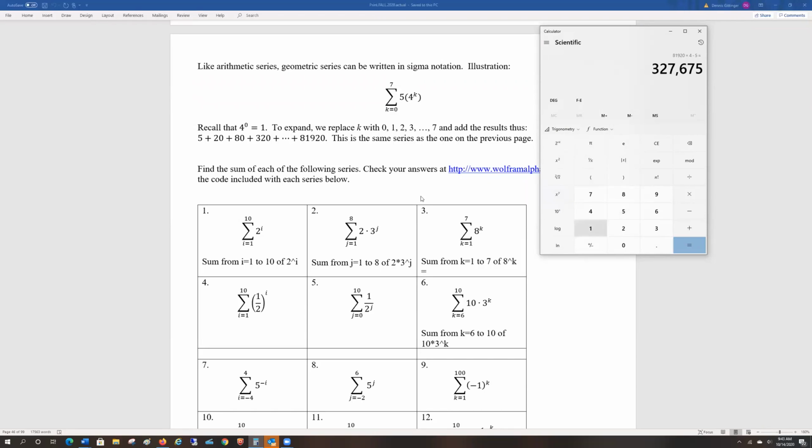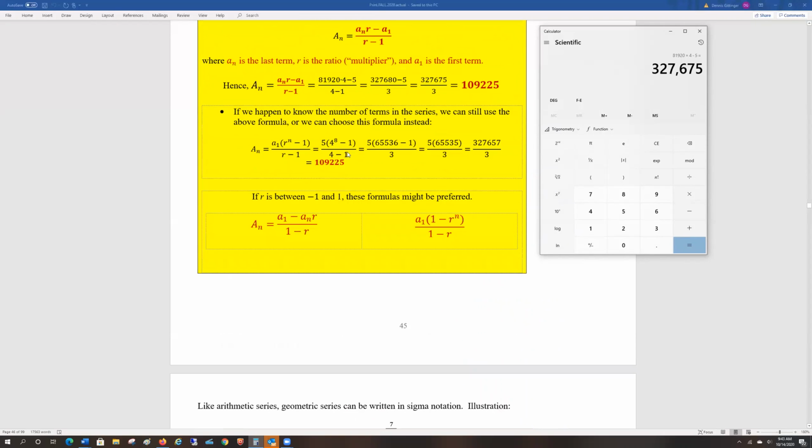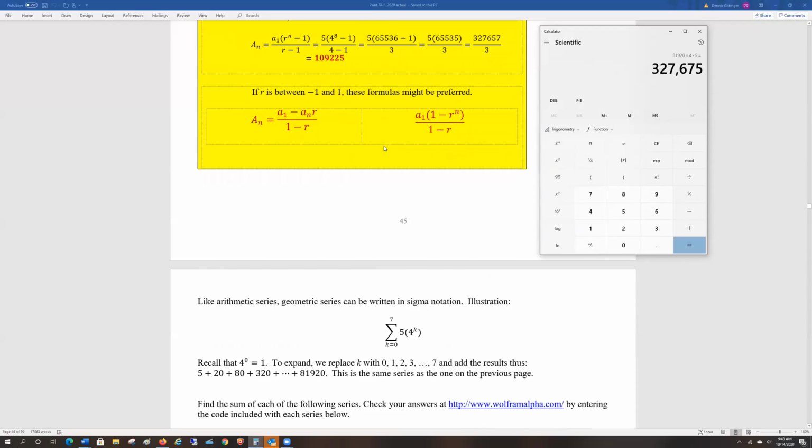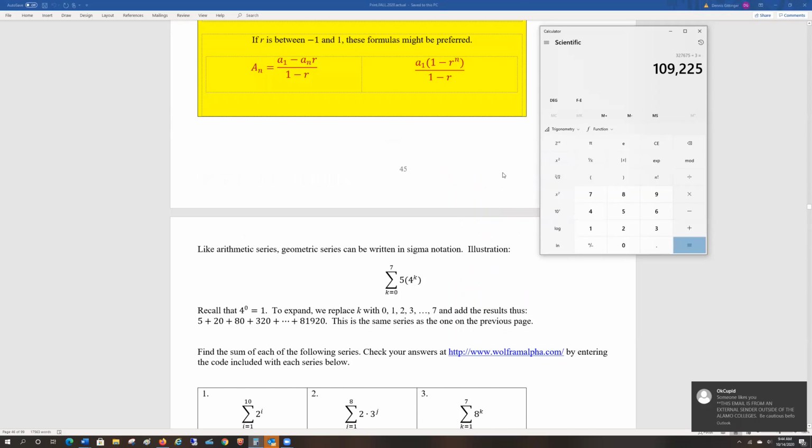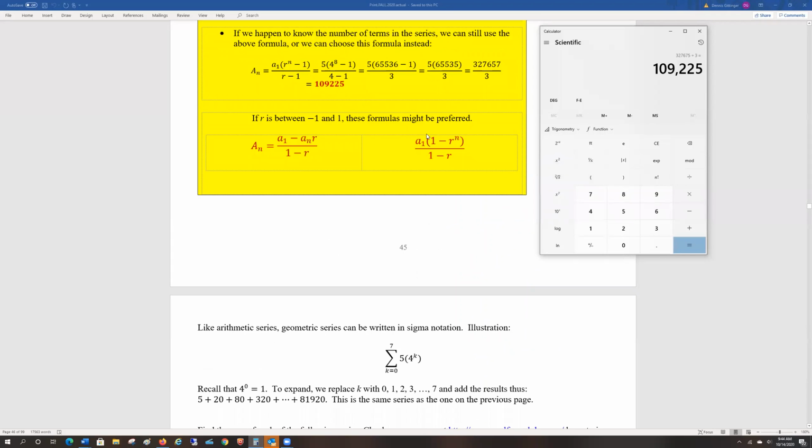So I'm going to say equals, and what that's divided by is, back to the formula, r minus 1. My r is the multiplier. Now, you don't want to say 4 minus 1 unless you put it in parentheses, but I'm pretty sure you can do 4 minus 1 in your head. It's not that complicated. 4 minus 1 is 3. So I'm going to say divided by 3, and I get 109,225, which is, guess what? Same thing we got over here.